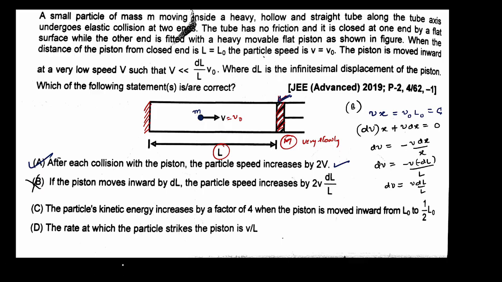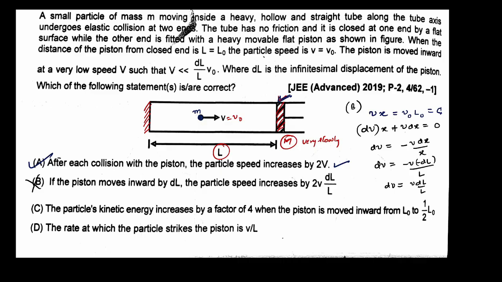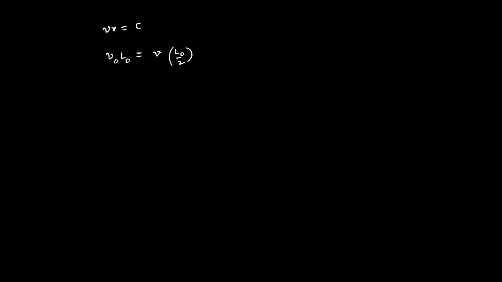From our given relation, if vx is constant, then initially this is v naught and L naught is the distance. Later L naught by 2 is the distance of the piston from the wall. Then the new speed, let me call it v dash, is going to be 2 times v naught.